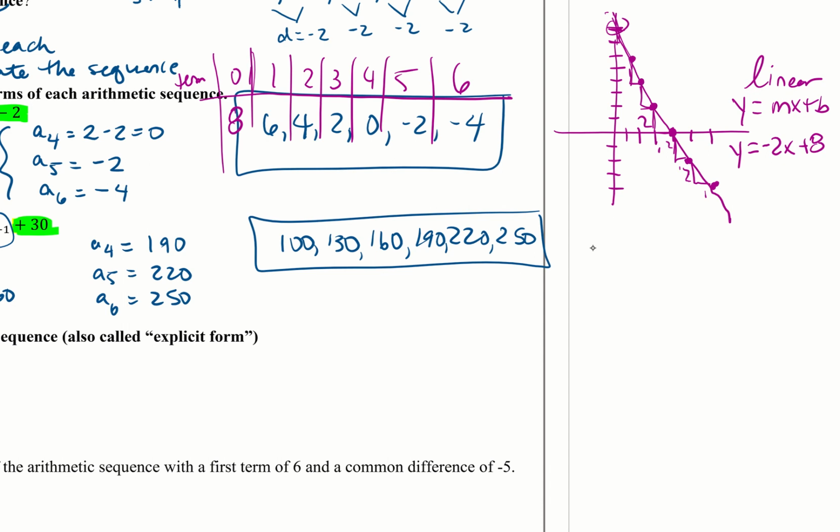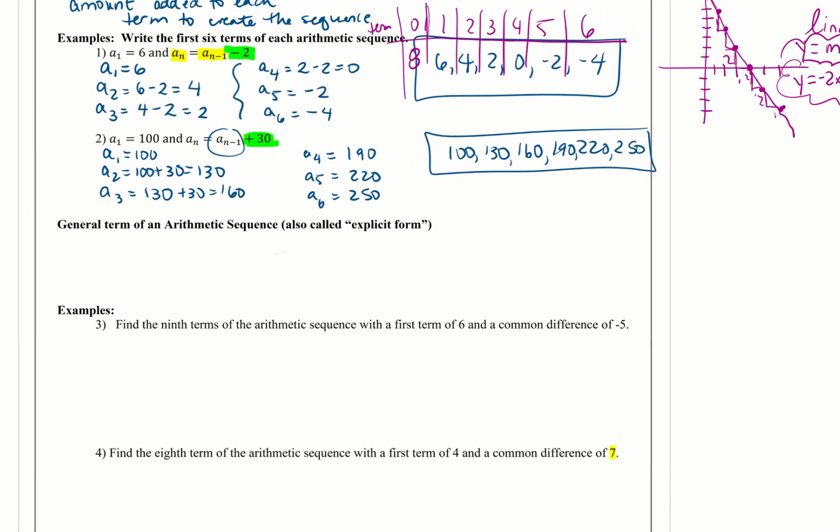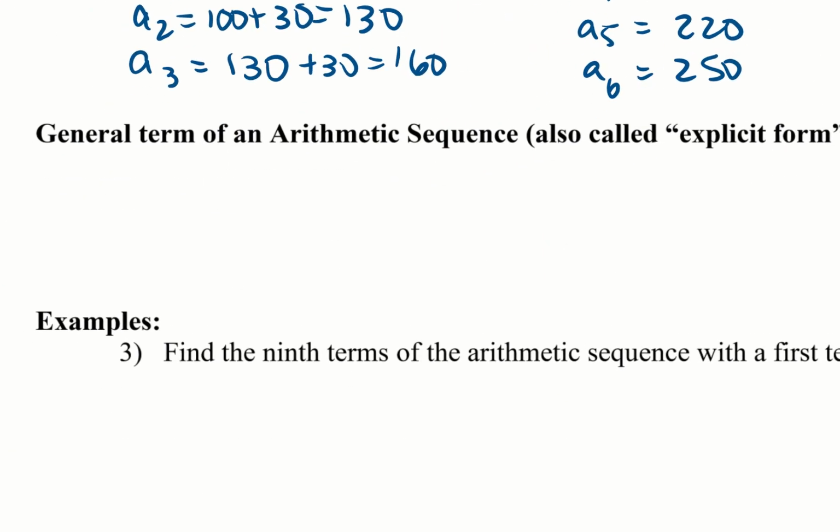So interestingly enough, when we get to this general term for our explicit form, you'll see that we can write it in a similar format to y equals mx plus b. In fact, that's the way I tend to write it. So now for the output, instead of y, we use a sub n. That's our general term.